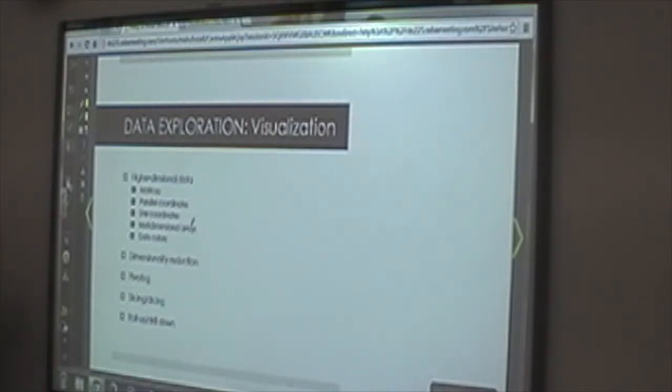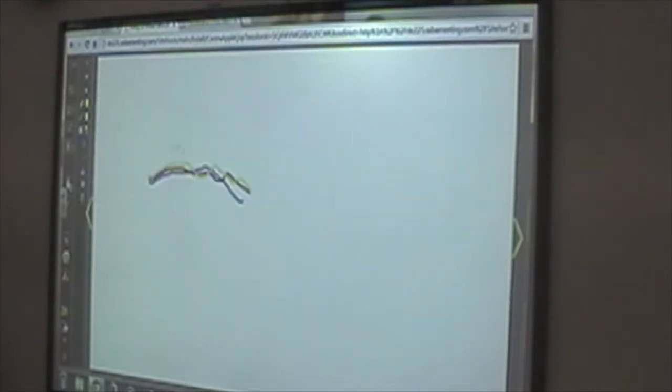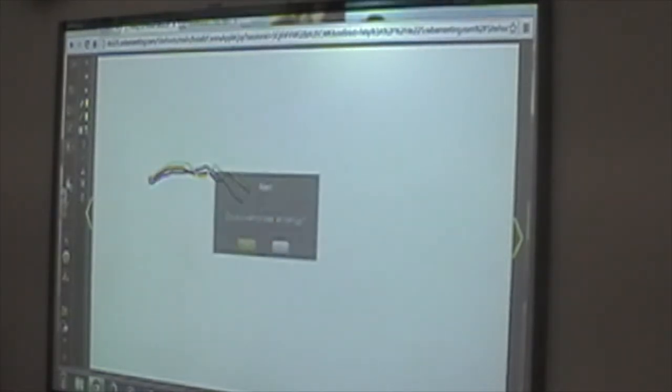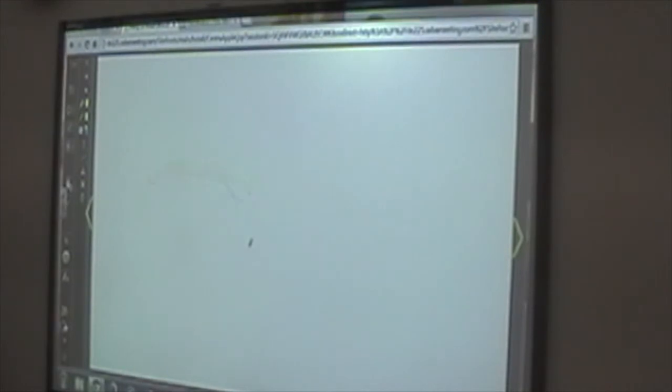You can also use star coordinates, and the idea there, so I'll again go to the whiteboard here, is you can have each attribute, I'll just label them A, B, C, D perhaps, going in a different direction.